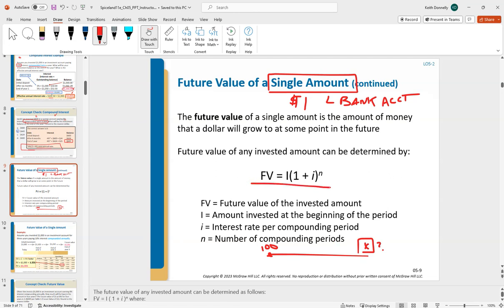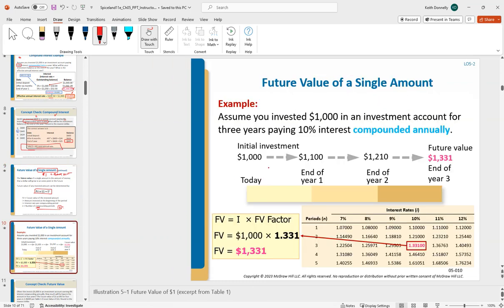So one way you could calculate that is through an equation, right? That's fine. The other way you could do it is through the tables, right? The time value of money tables. So here it's saying, hey, we got $1,000. It pays 10% interest rate. It compounds annually. We're looking at the end of 3 years. Essentially, what we do here is we say, okay, it's 3 periods, 10%, right?